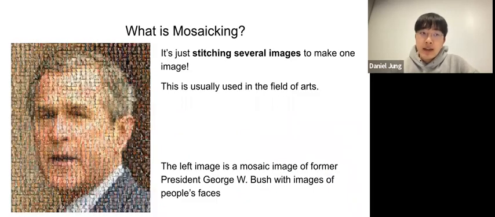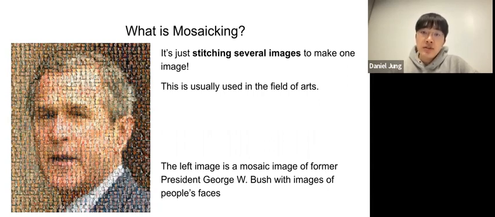And what is mosaicing? The paper presents a method called MosaicOS, which of course follows the method of mosaicing. So what is mosaicing? It is just stitching several images to make a single image.